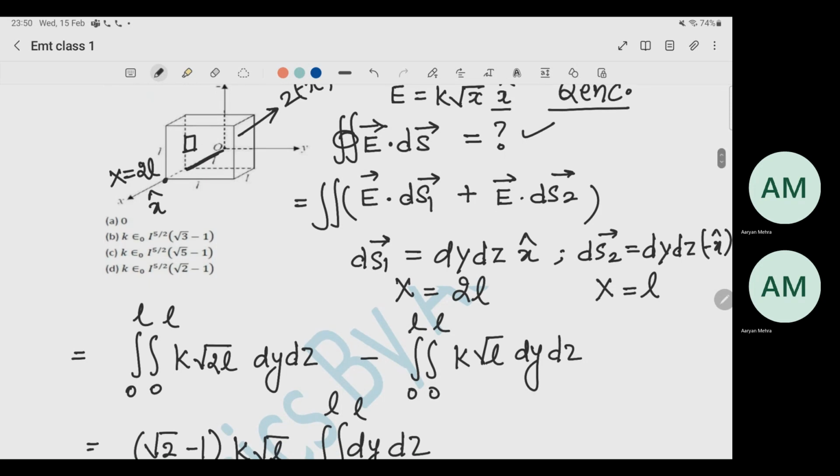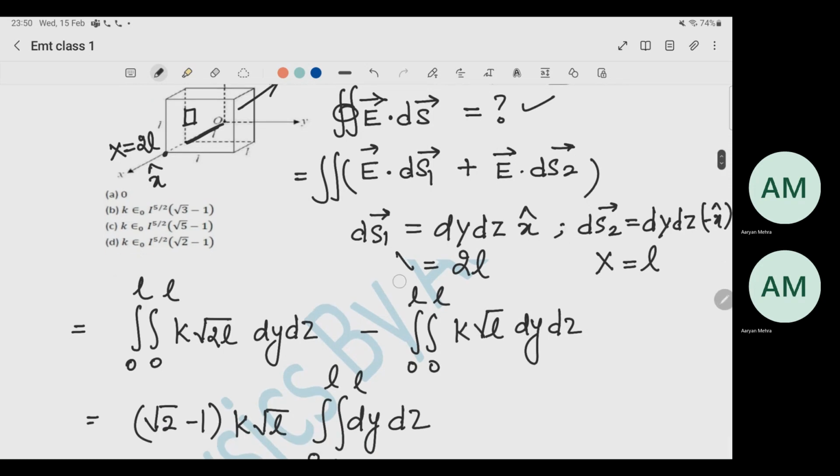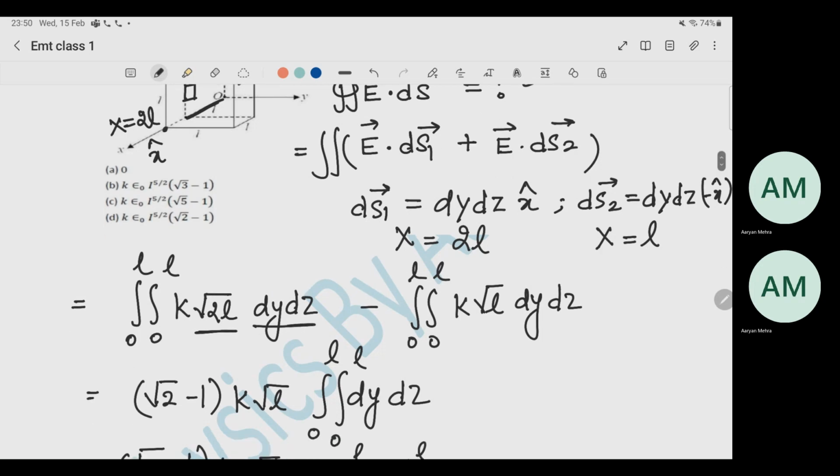E we already know is k root x. So let's put the values. The x value here is 2l, so I put the x value as root 2l, and I put the value of ds as dy dz. Similarly here I put the x value and dy dz.